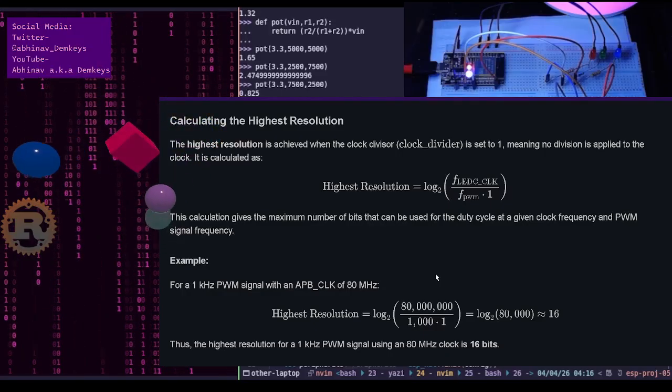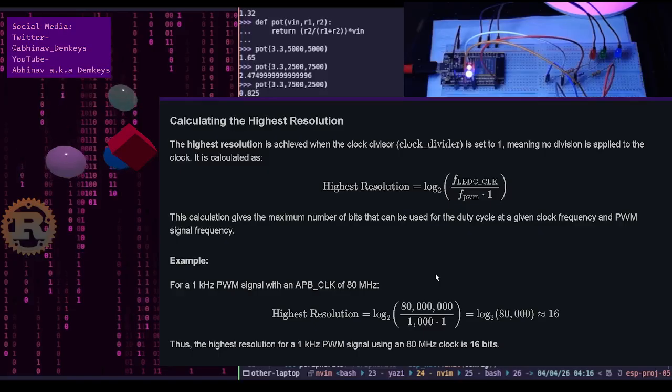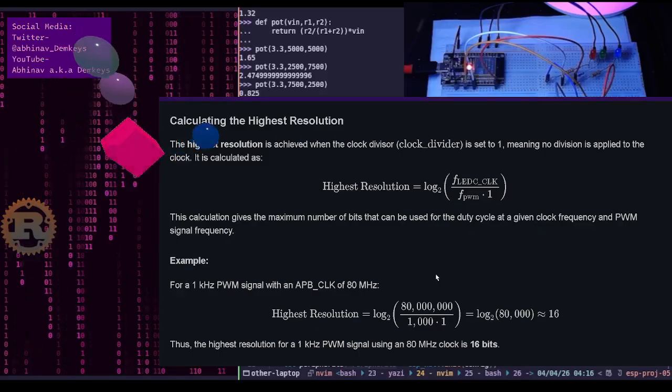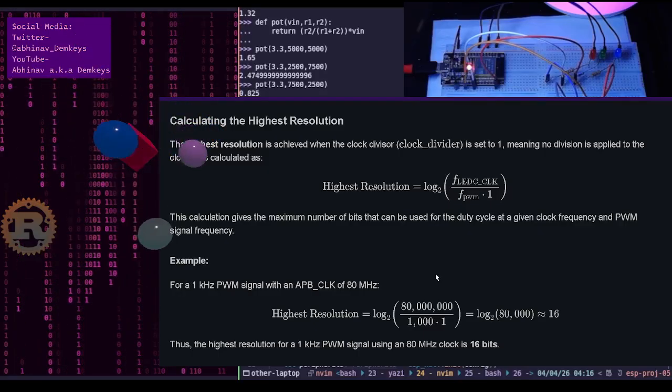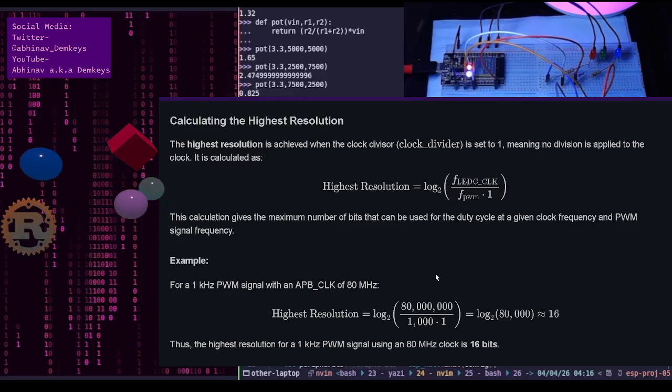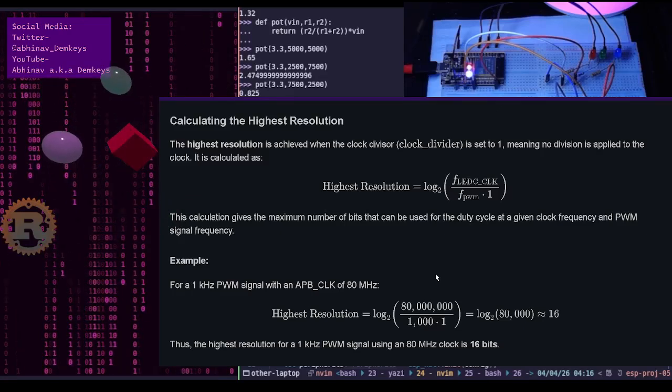Am I getting that right? Is that dot supposed to be multiplication? I think so.